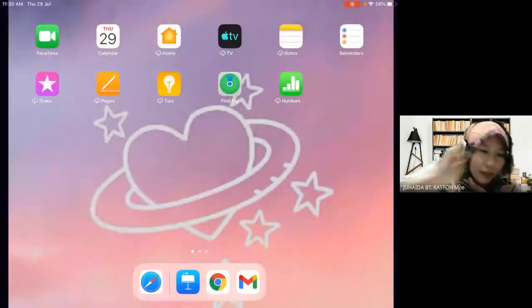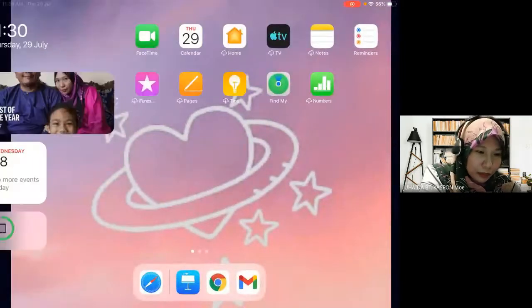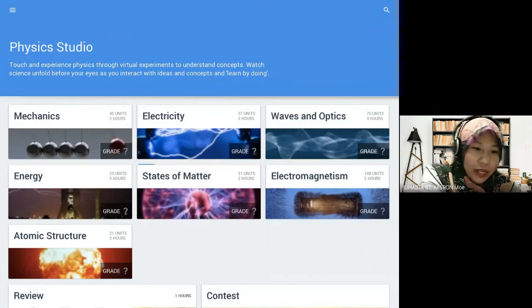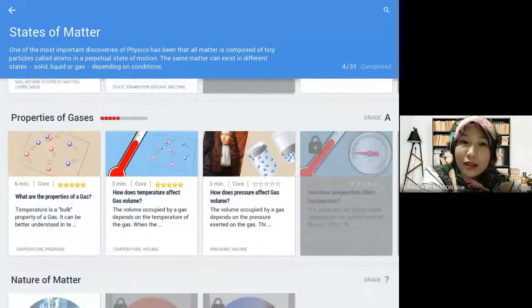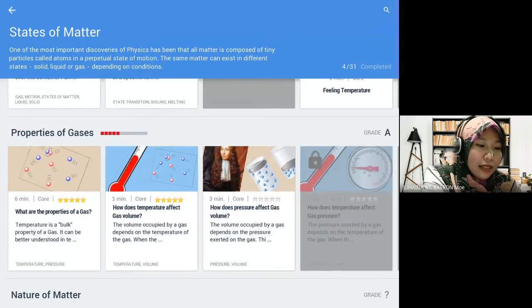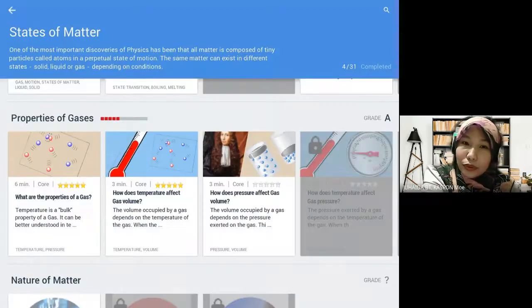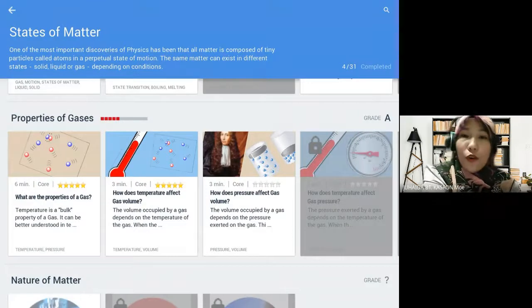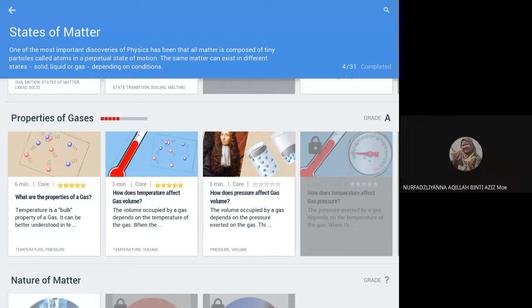Okay, group leaders, remind me later. Open this one, States of matter, and then find properties of gases. Only settle the quiz in box 1 and box 2. That's only your task for this group session. Is it clear, everyone? Yes, teacher.